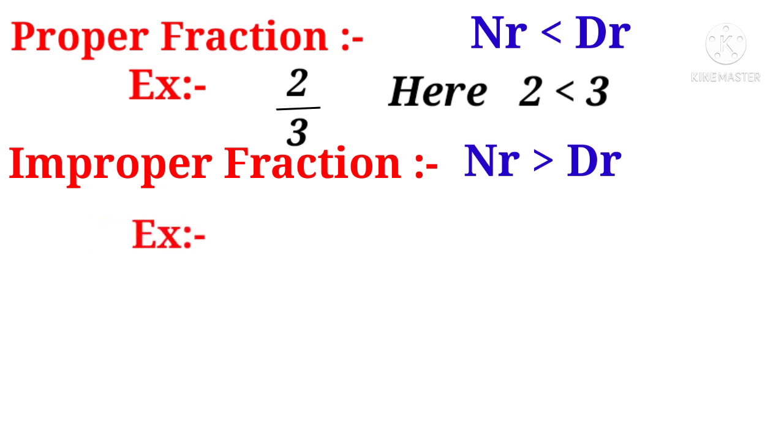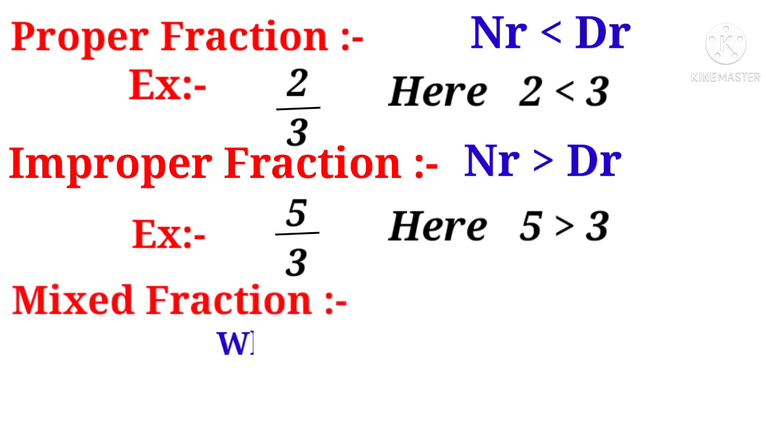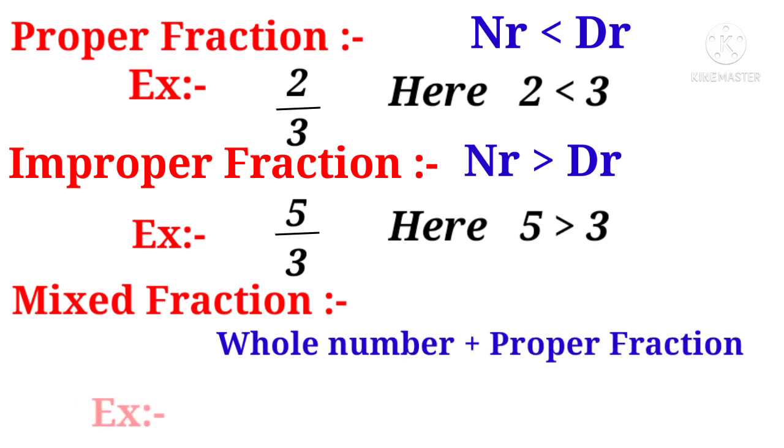Let us take an example. 5 by 3. Here the numerator 5 is greater than denominator. So 5 by 3 is an improper fraction. Mixed fraction. A fraction in which there is a whole number and a proper fraction is a mixed fraction. Example: 2 3 by 5, where 2 is a whole number, 3 by 5 is a proper fraction.